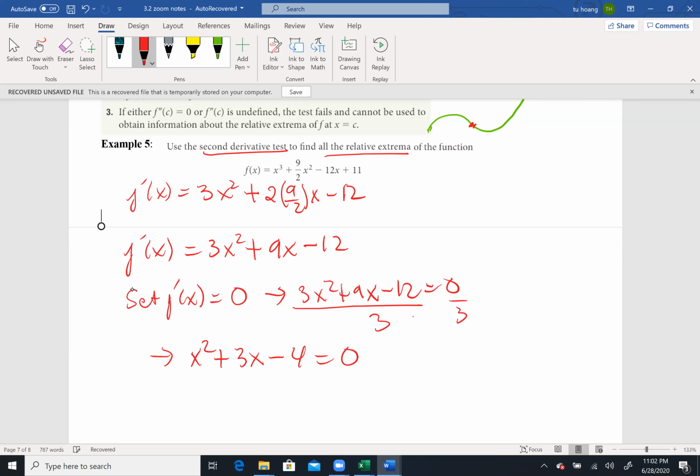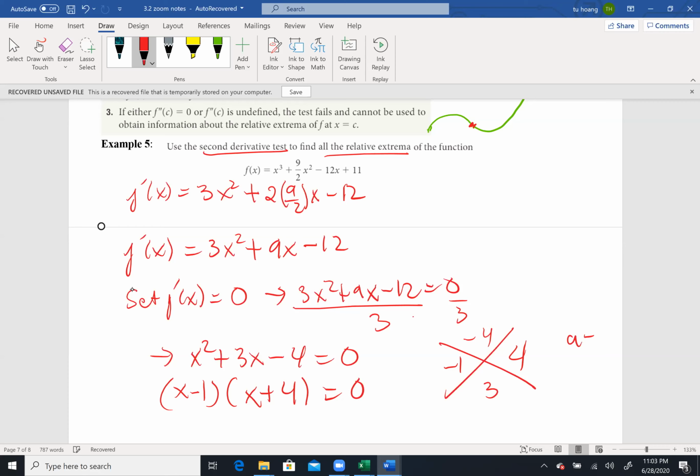And you factor using the AC method: a times c equal to -4, b equal to 3. So two numbers that multiply to -4 and add to 3. What is that going to be? -1 and 4. So you have x minus 1 multiplied with x plus 4 equal 0.